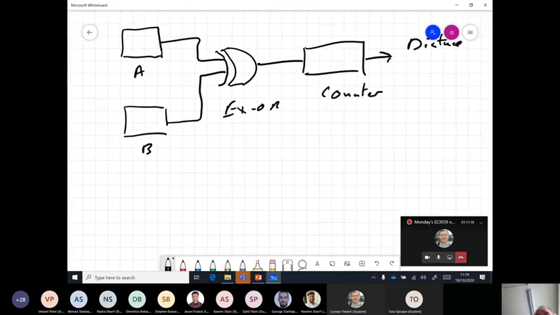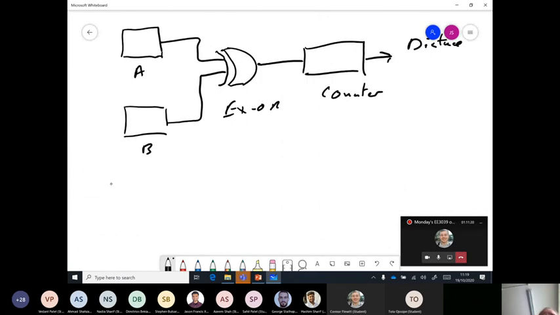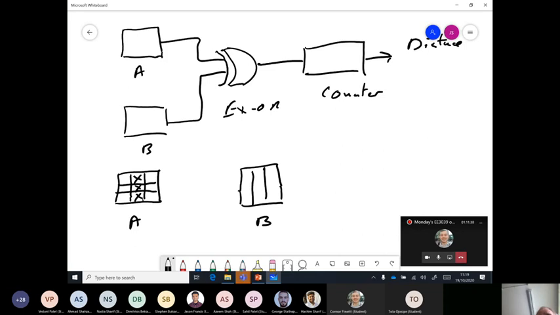So to give an example, if I want the Hamming distance between two patterns, there is a reference pattern A, and here is a reference pattern B. And let's have a slightly distorted vertical bar.